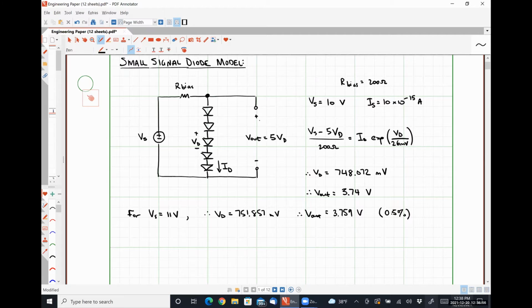So pretty stable. Let's see what happens if we make Vs 9 volts.